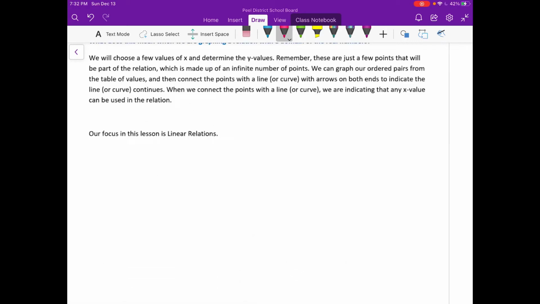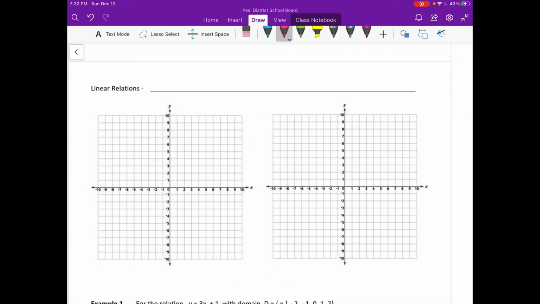A linear relationship is basically a relationship in which one variable, so something like y or x, is going to equal some sort of x value, but only with one exponent on it, if that makes sense. So a linear relationship is basically something that's going to give us a straight line. So I'm just going to write that in.